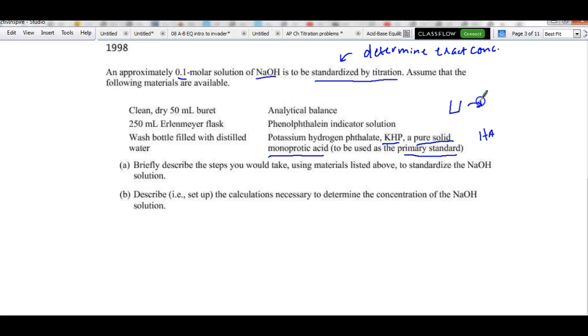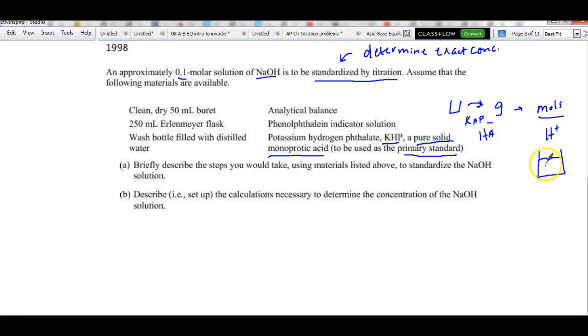You can dry it and mass it, get the grams of KHP, use the molar mass of KHP, and determine exactly how many moles of it you have. So you know exactly the moles of H plus you're going to have, and you just put it in enough water to dissolve it.